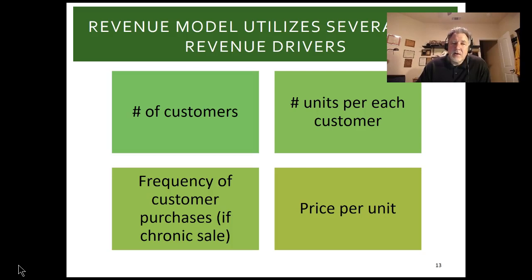You will hear other concepts, as Matt Fay talked about, in terms of market share penetration. You will also hear about velocity, which deals with the speed with which you can turn a product through a company. But right now, I think the key is these are some basics. Just get back to customers, units per customer, frequency of purchasing, price per unit. And if you want to put on a monthly time period, you can do that.